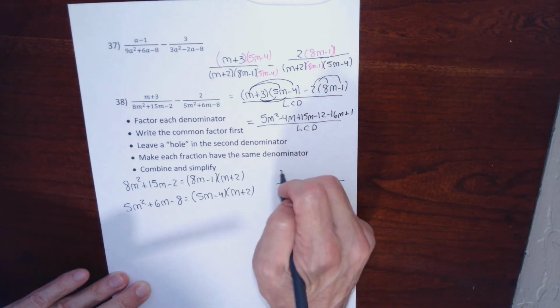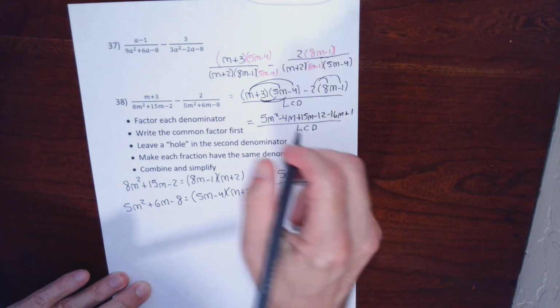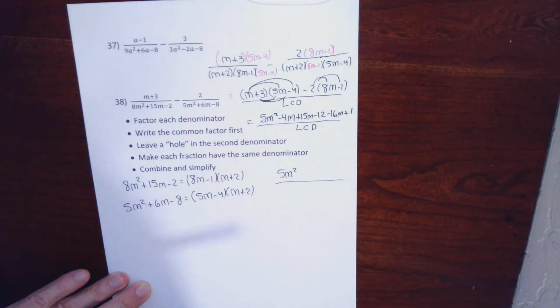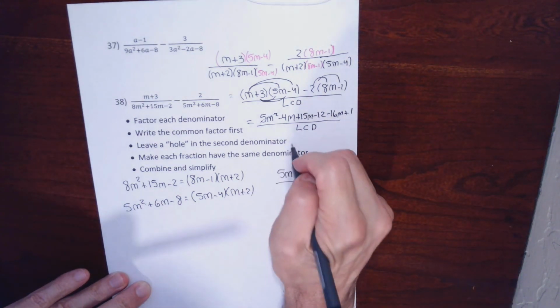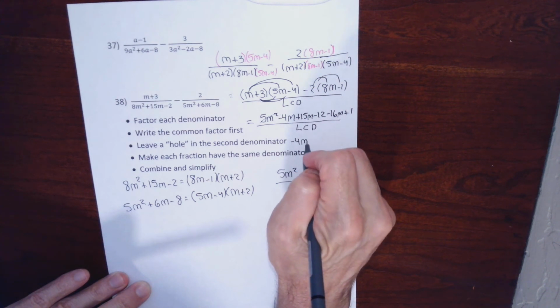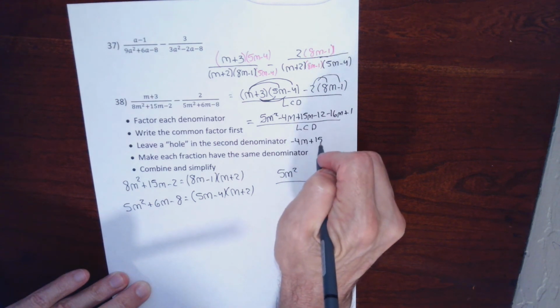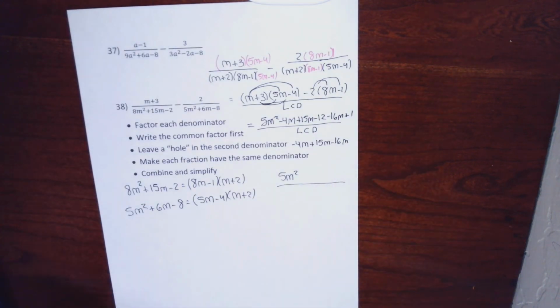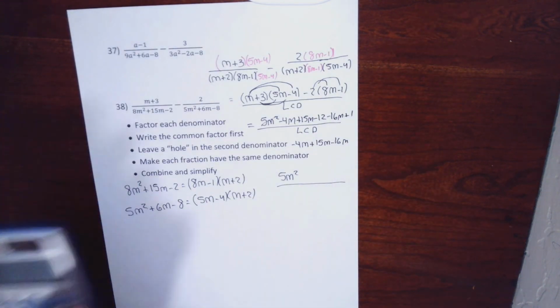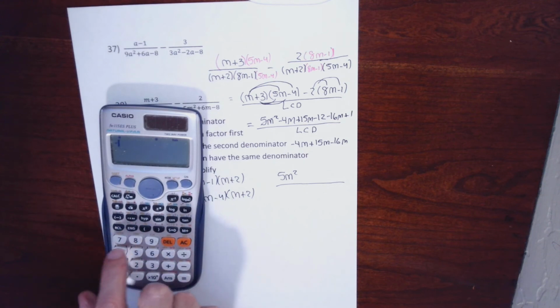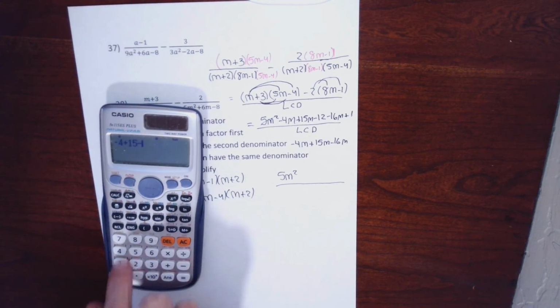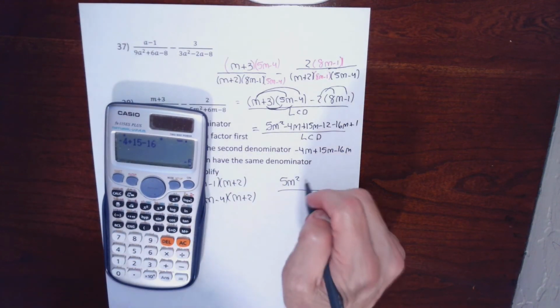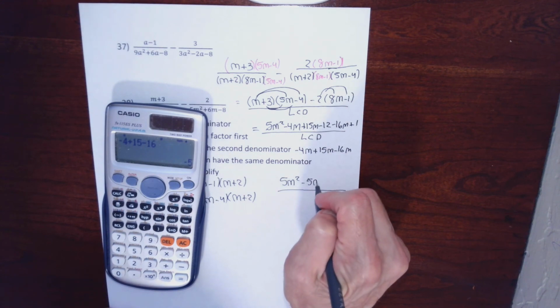Now for my numerator, the 5m squared isn't like any other term. It's just going to hang out in the numerator and not change. The minus 4m plus 15m minus 16m is going to be what? Minus 4 plus 15 minus 16. That's going to combine to a minus 5m.